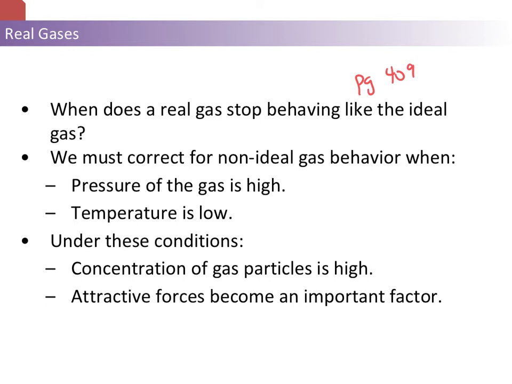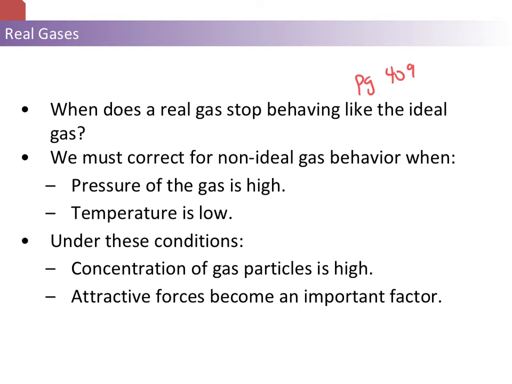The same is true when the temperature is low. Once again, we are lowering the temperature, which means that the particles aren't moving as fast. The average kinetic energy decreases. Those attractive forces are always present, but when the particles are moving slowly, those attractive forces begin to factor in. They're attracted to one another, they slow down, and they become liquids from gas. They condense.